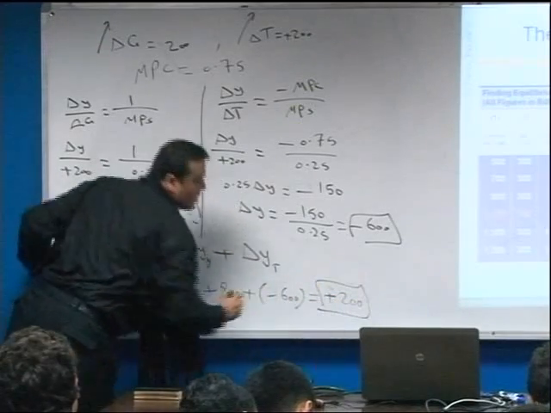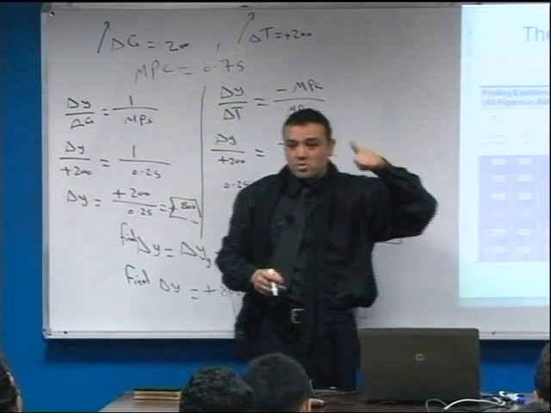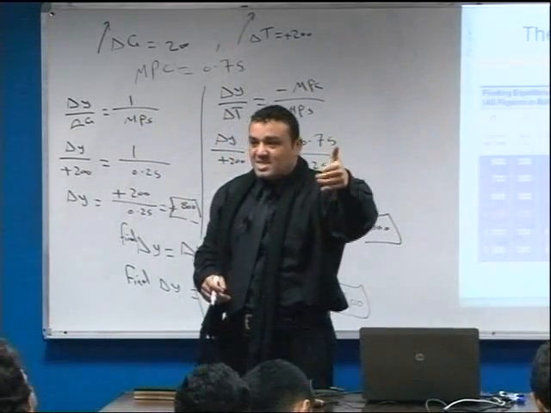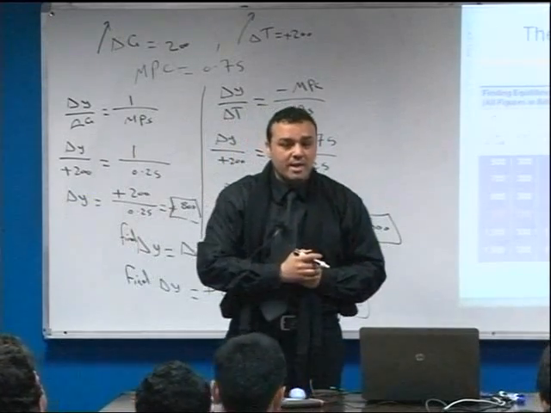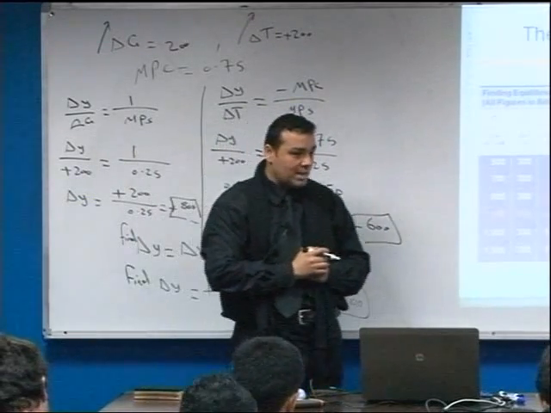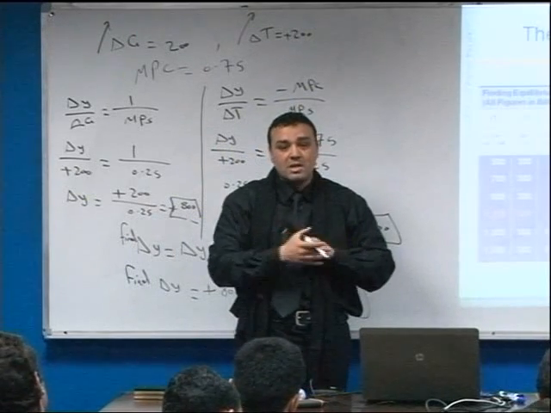This means what? If the government increases its spending by $200 million and increases taxes by $200 million, the aggregate output would increase by $200 million. Right? Okay? And this is the balanced budget multiplier.